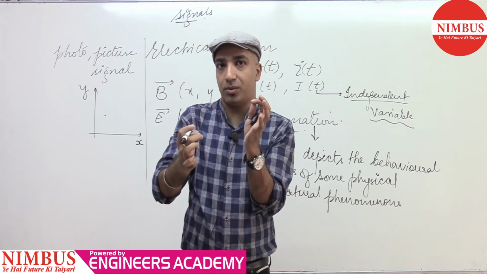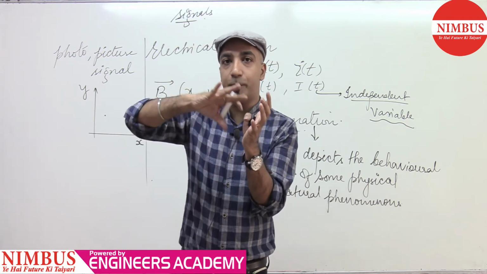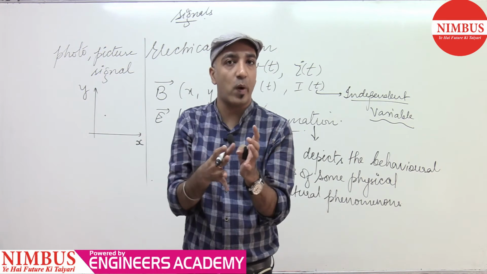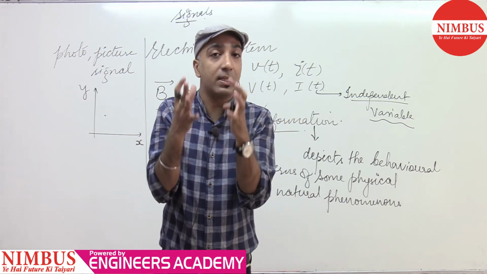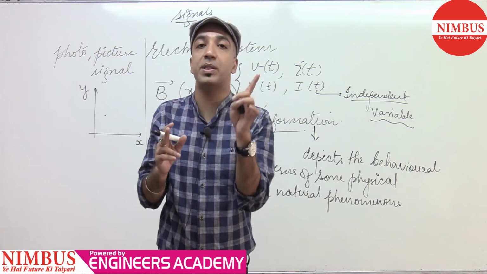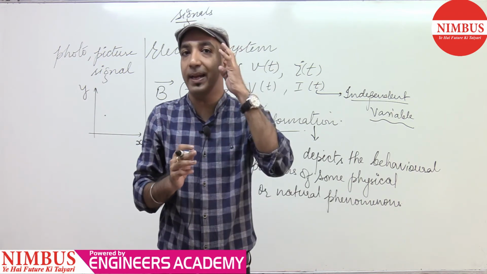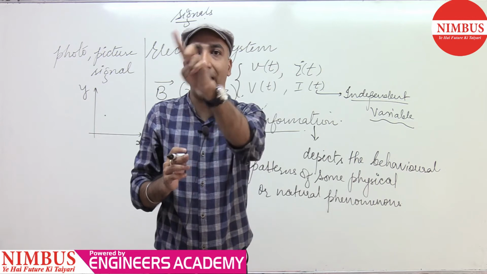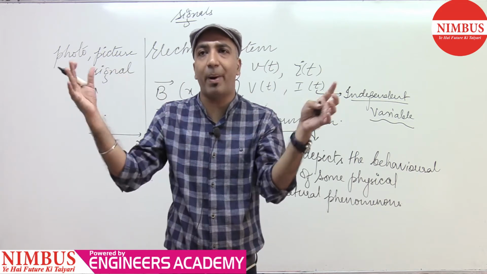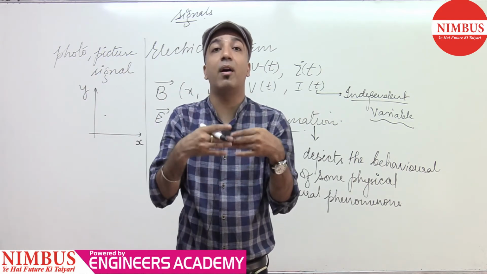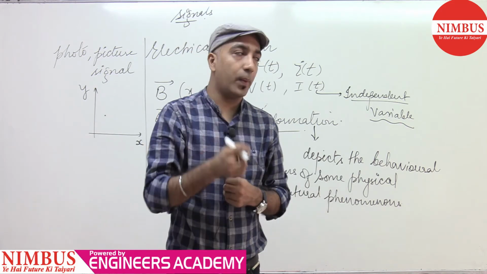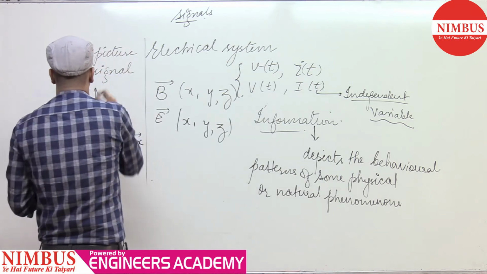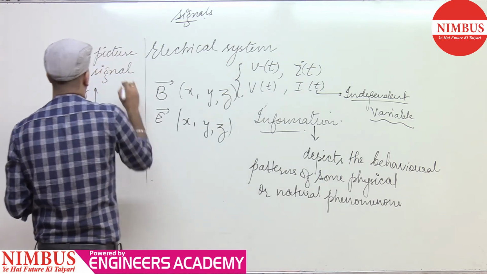All the spatial coordinates of those points are collectively framing a signal which is called a picture. Your brain is visualizing those points combined, and you have a photograph, a picture.